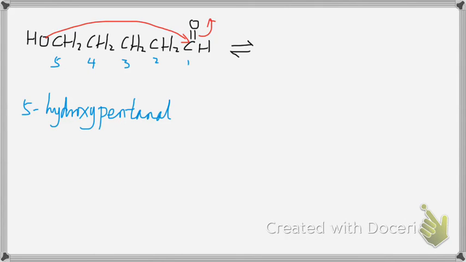How many atoms are involved in the ring? Carbon 1, 2, 3, 4, 5, as well as the oxygen attached to carbon 5, right? Because it's this oxygen that's going to make a bond with carbon 1. So 6 atoms are involved. It's going to form a 6-membered ring.